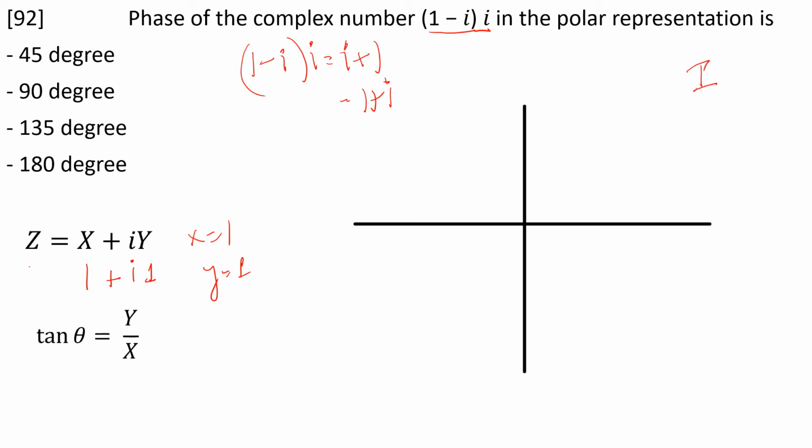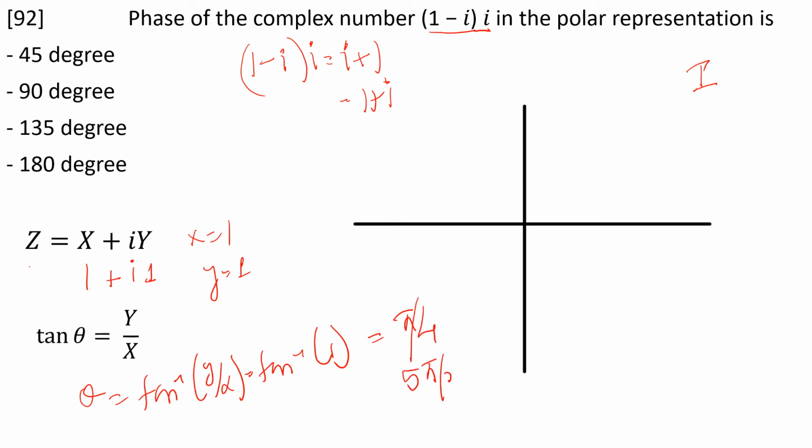Now you need one more parameter, that is theta. Theta is nothing but tan inverse of y by x, which is equal to tan inverse 1. So your value is pi by 4 and 5 pi by 4. Now in polar representation you can write the complex number z is equal to r e power i theta.